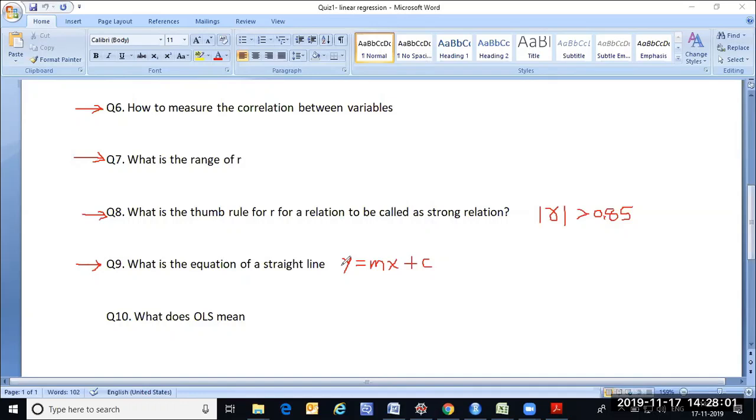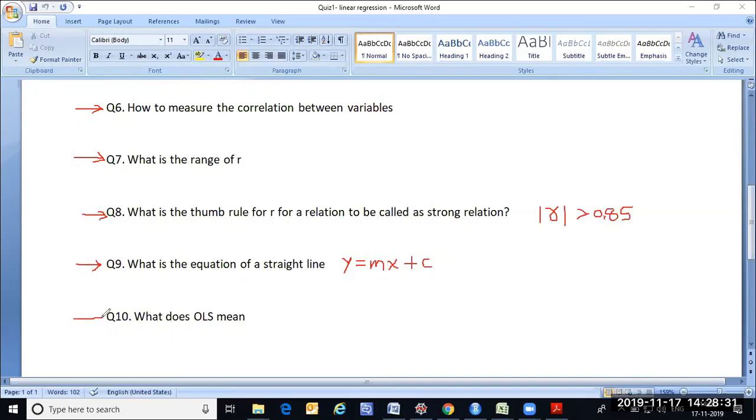What is c here? It should be the y-intercept. What is m? Slope, the slope of the straight line that the independent variable maintains with the output variable y.